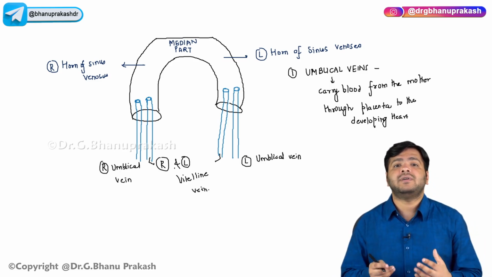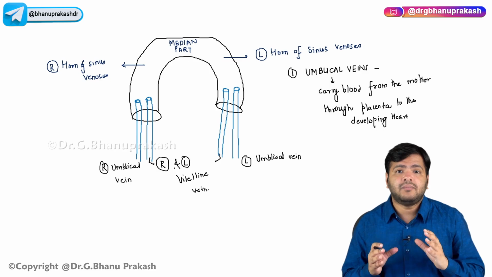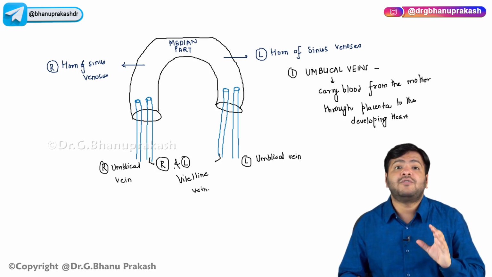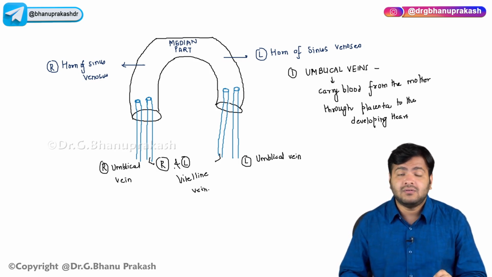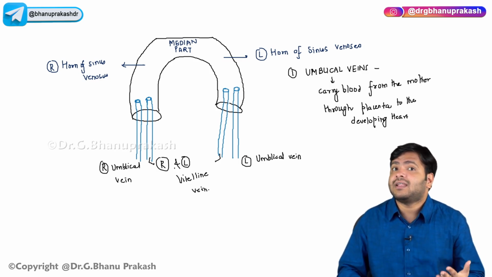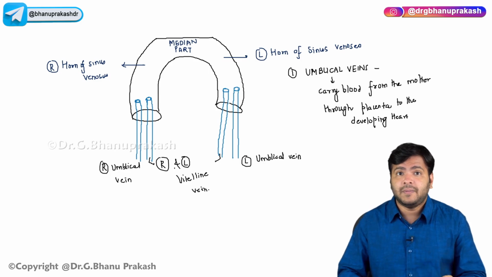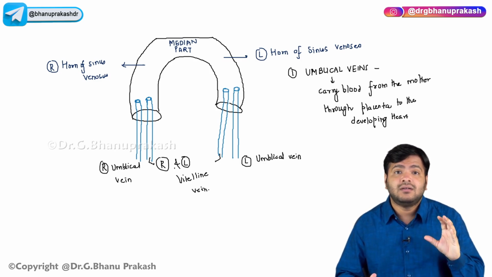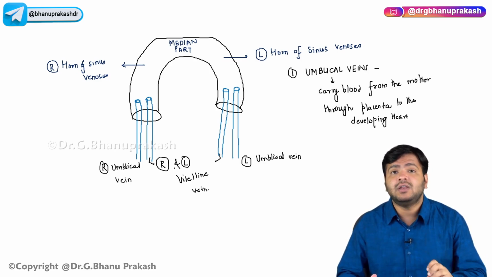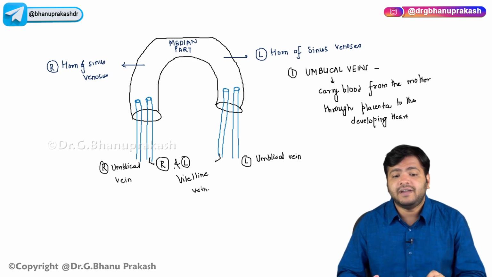Now this vitelline vein will carry the blood from the yolk sac. You already know the yolk sac, it is the developing gut. Gut means the foregut, midgut and hindgut. So it is the yolk sac only. So blood from all the yolk sac is coming and draining into the developing heart through these vitelline veins.